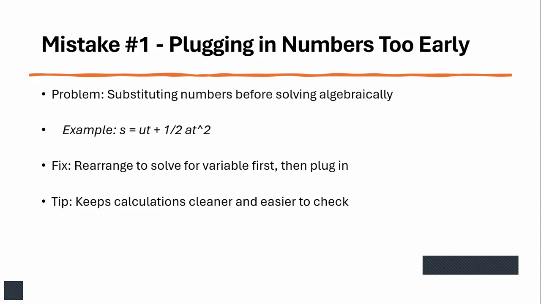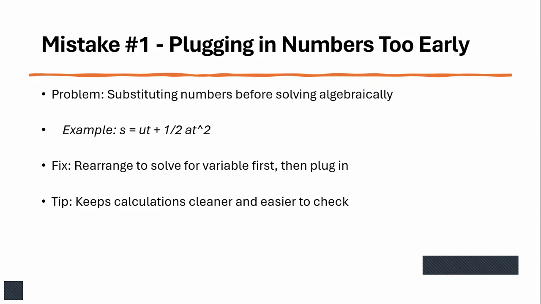So these are variables. At times in physics or in an exam, you may be asked to find a particular variable. Maybe, for instance, you'll be asked to find the T, the time. And a mistake some students make is that they plug in the numbers before isolating the variable.